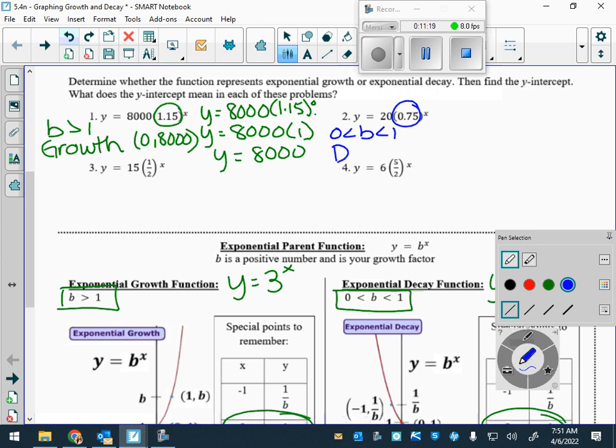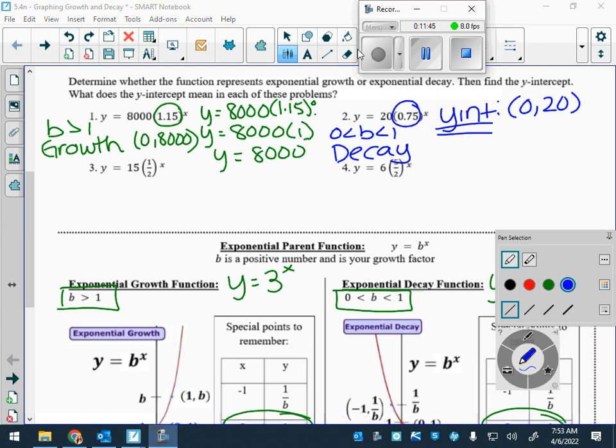Okay, good. We have a decay function. Now, what is our y-intercept? 20. Okay. Your y-intercept is 0, 20. And we always write our y-intercept 0 and then whatever it is. Try 3 and 4.